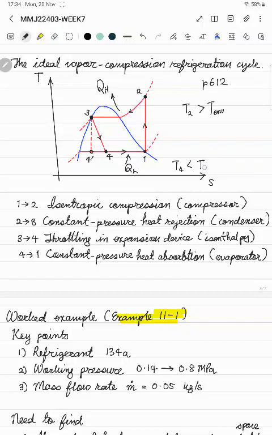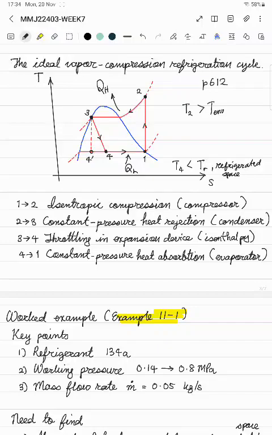So let's put this T small r for refrigeration, for the refrigerated space. Okay, so that is how the cycle is completed.